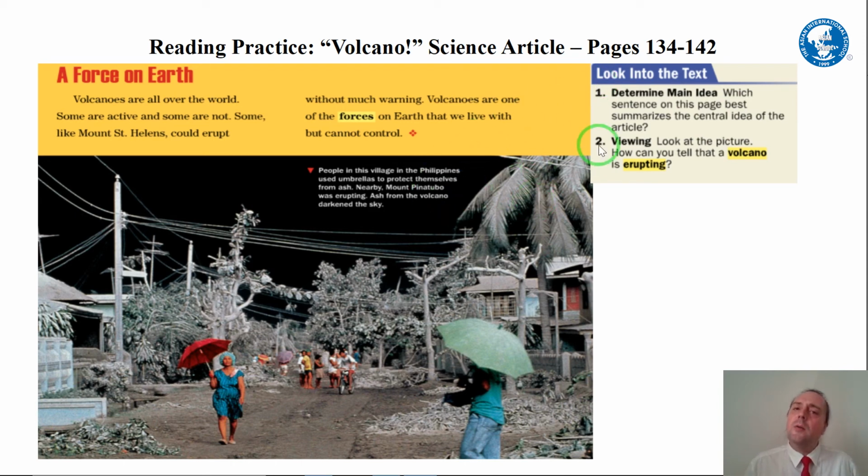How can you tell that a volcano is erupting? So take 2 minutes, read this page, look at the previous pages and see if you can determine the main idea of the story or the article, and then look at the picture. How do we know that a volcano is erupting? Take 2 minutes.